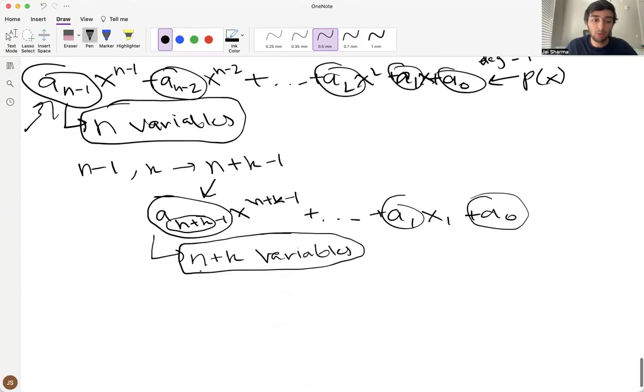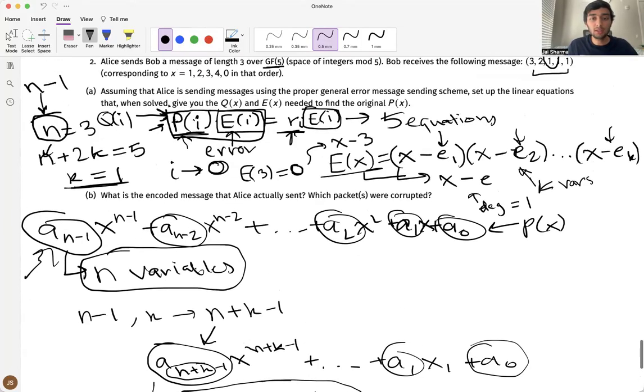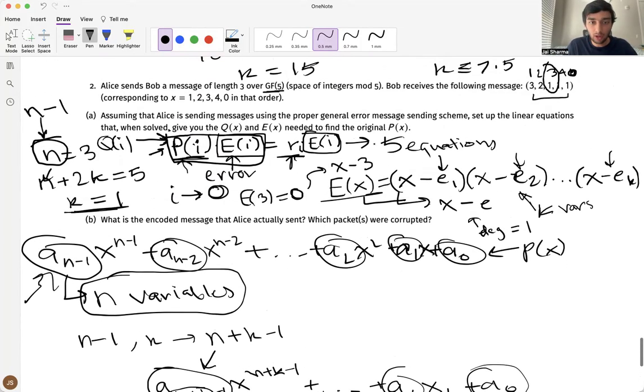And so you have n plus k variables that come from the q of x. And then you have k variables that come from the e of x. And the total number of variables between the two is n plus 2k. That's where the n plus 2k comes from.